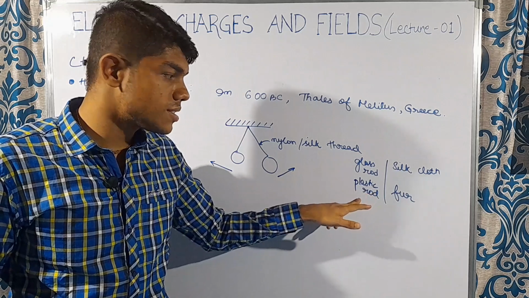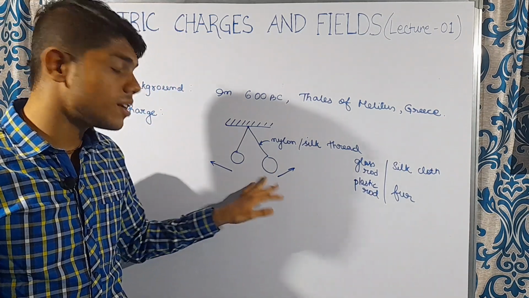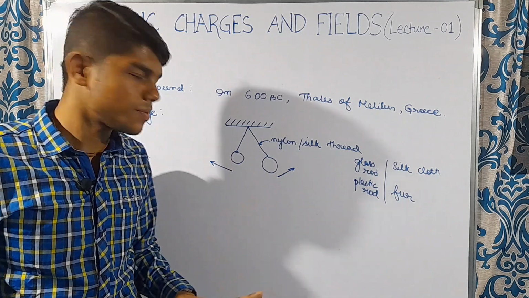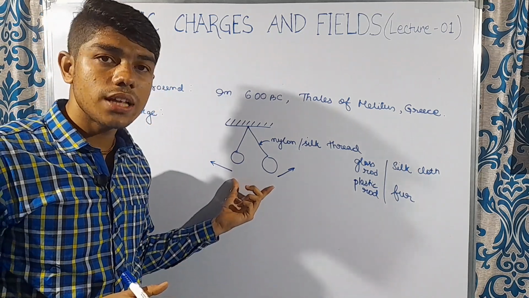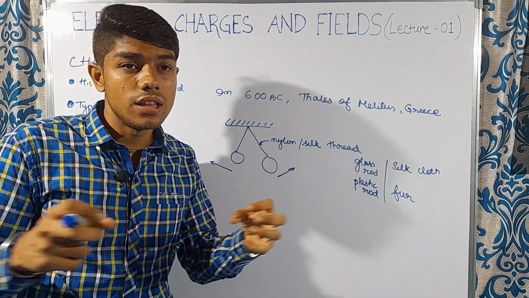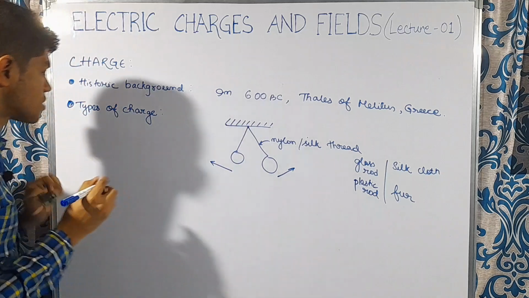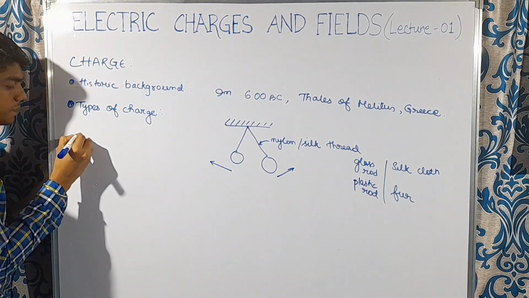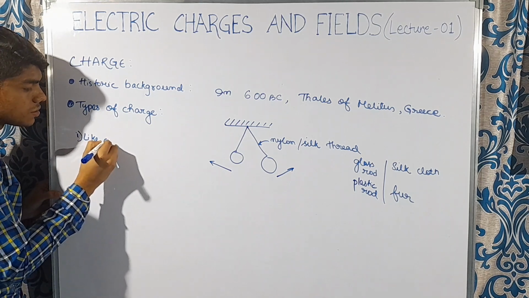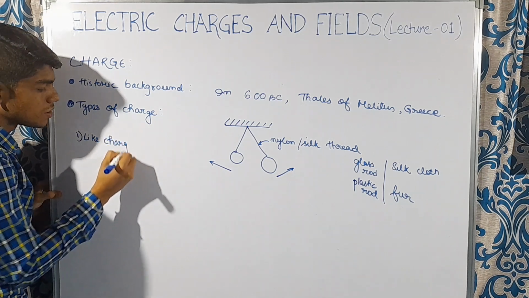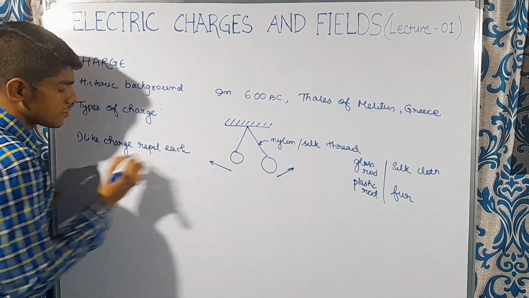Since we were using the same rod to charge both these pith balls, that means they acquired similar charge or like charge, and we have seen that once they acquired similar charge, they were actually repelling each other. So this is the first conclusion that we can draw, that like charges repel each other.